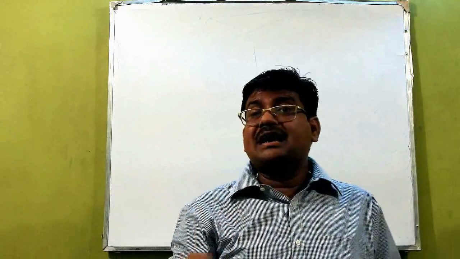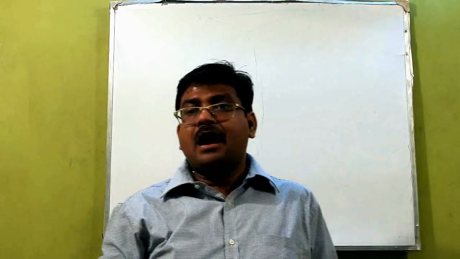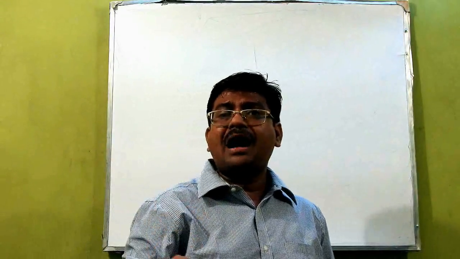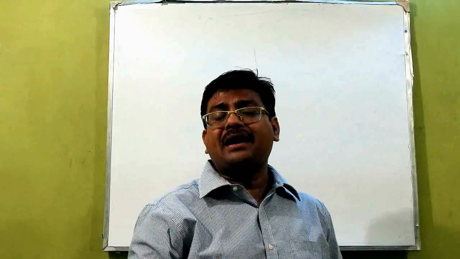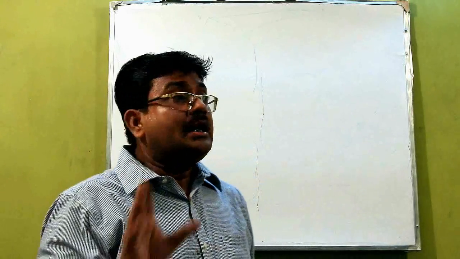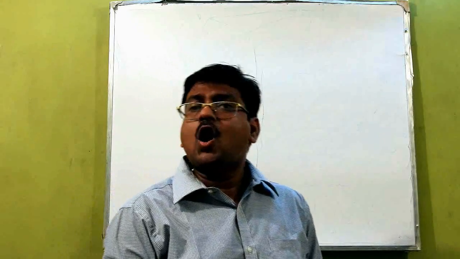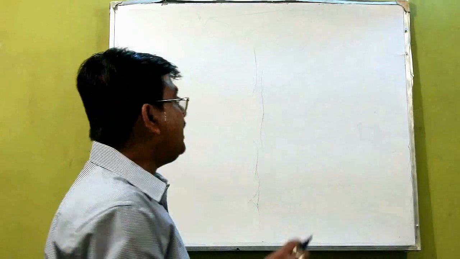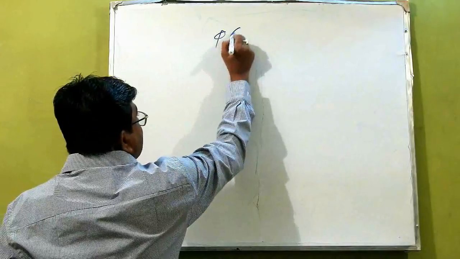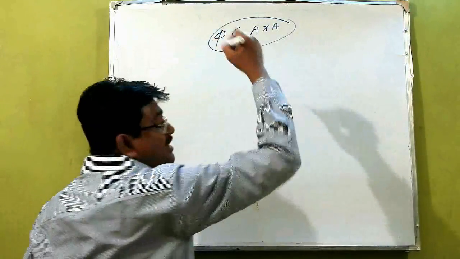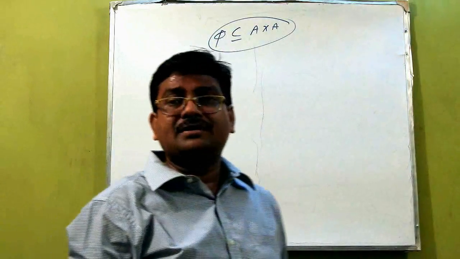Then we consider relation R in such a way that R does not contain any pair, that is, the rule of R does not satisfy any pair of A cross A. Then the relation R is called the null relation or empty relation or void relation, and it is denoted by phi. So phi is a subset of A cross A in this case.